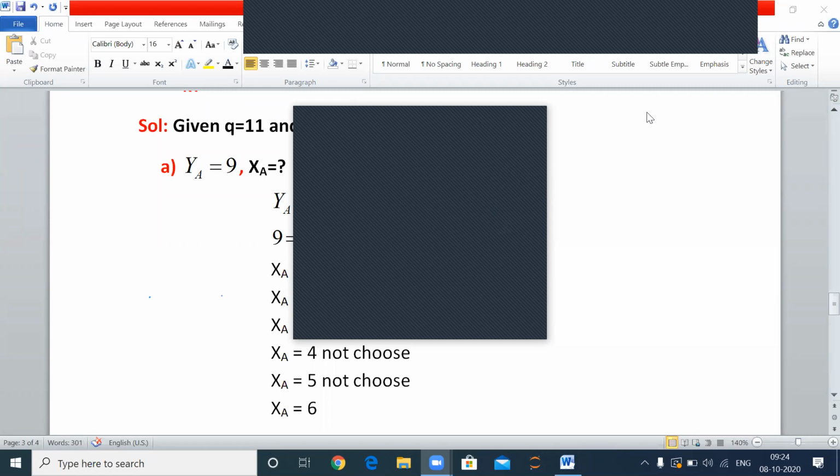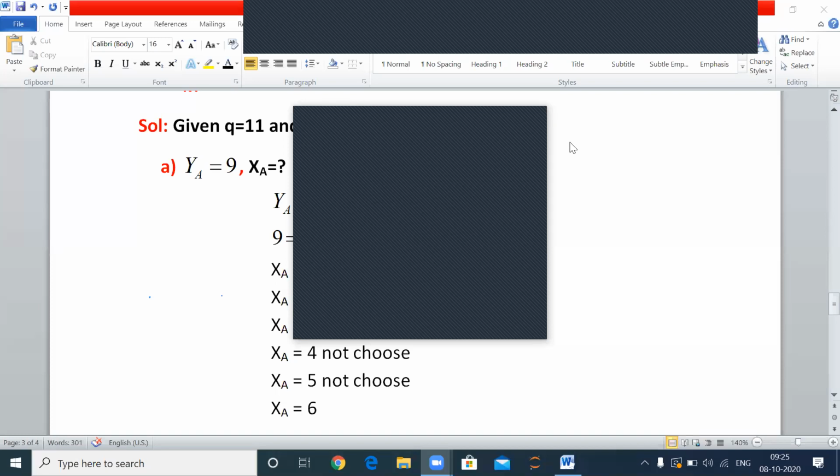Who else has calculated the remainder value? Raise your hands.